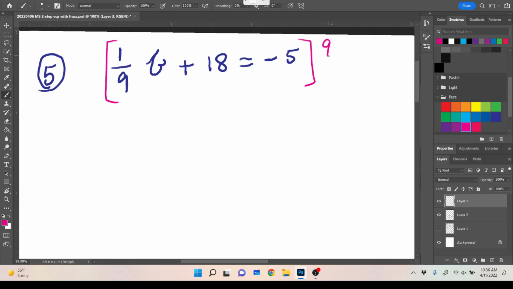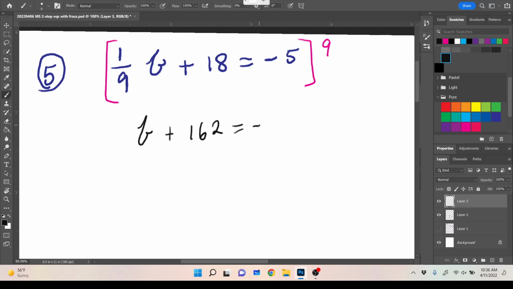Okay, so we would multiply 9 on everything, and we would have ended up with b plus 90, plus, what's 8 times 9? 72. 72 plus 90, so 162. Does that sound right? Yes, it does.